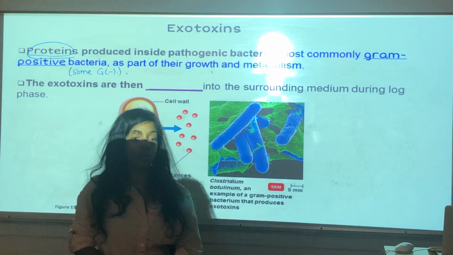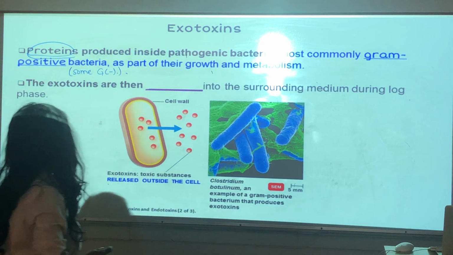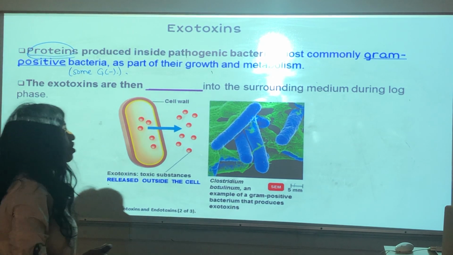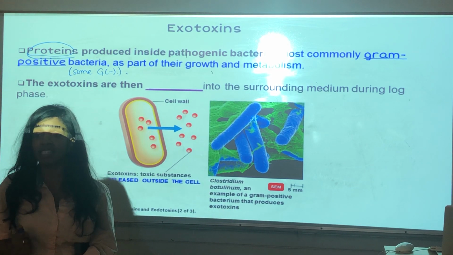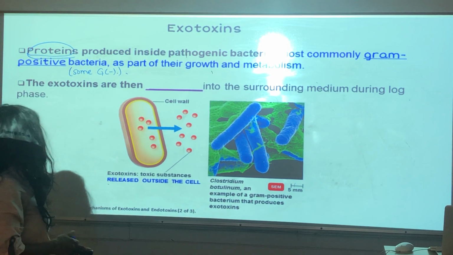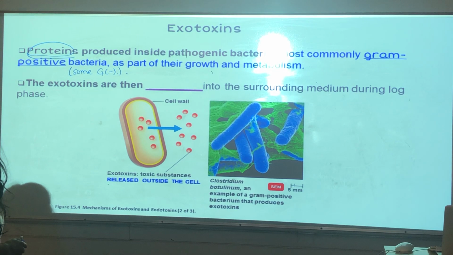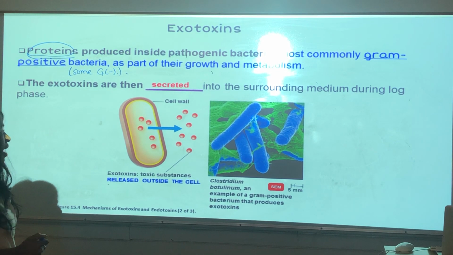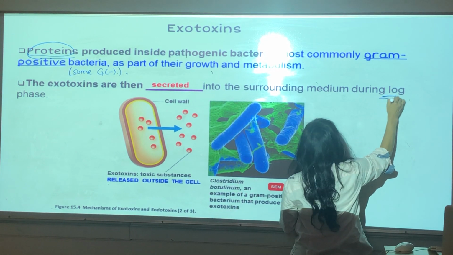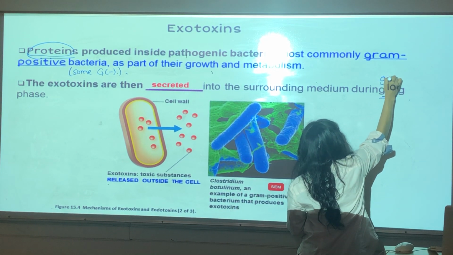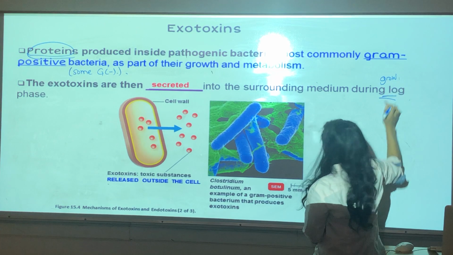So it's just a part of their growth, and they're releasing these specific proteins that are having harm to the body in a specific way, right? The exotoxins are then released into the surroundings during the log phase. So the log phase means as they grow, right? So they are growing, they are dividing, right?